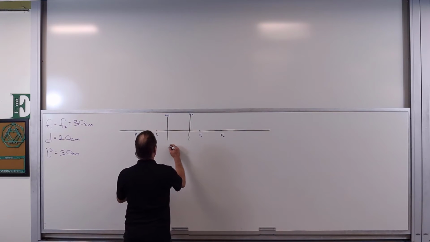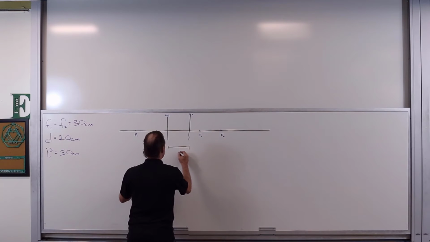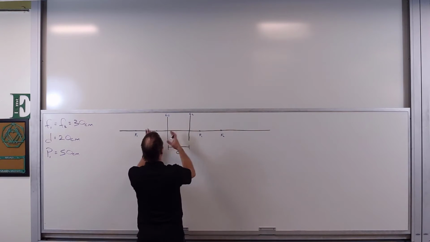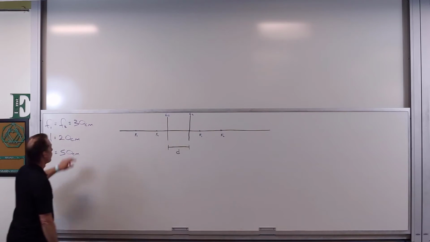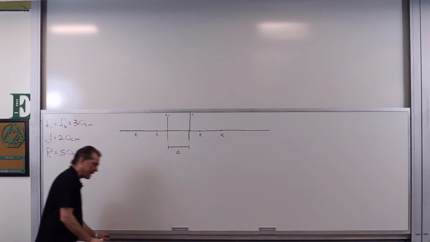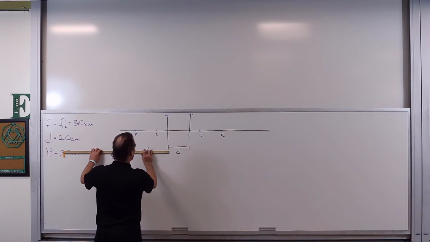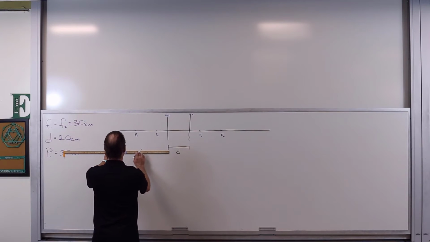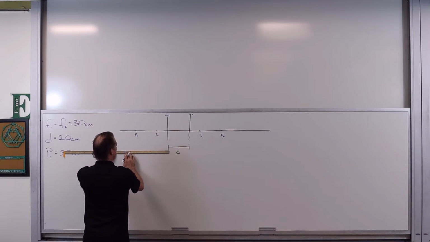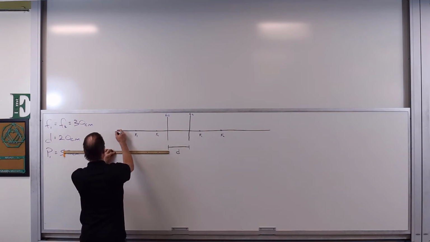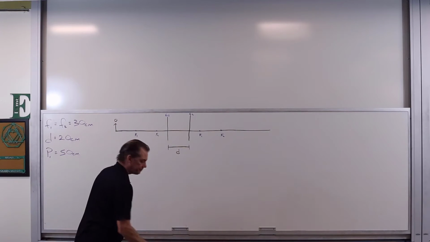This distance here is our distance D, the distance of separation between the two lenses, 20 centimeters. And then we take an object that's 50 centimeters from the first lens, 10, 20, 30, 40, 50 centimeters, about right here. So here is our object.